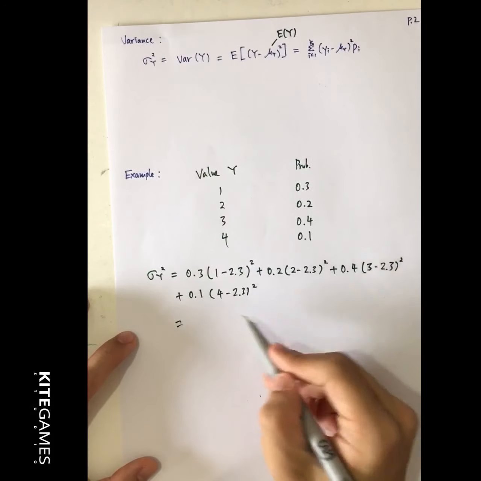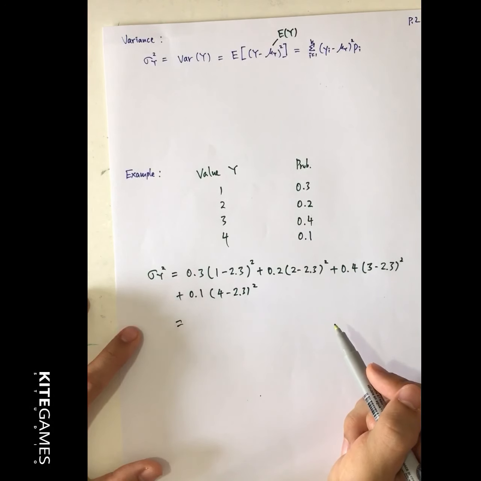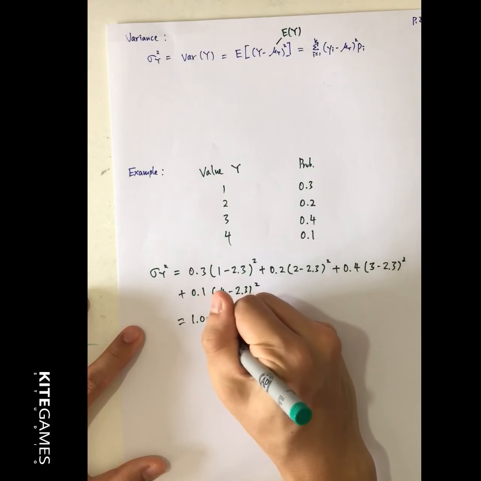Then you just plug all the values into the calculator, and you will find that the variance should be 1.01.